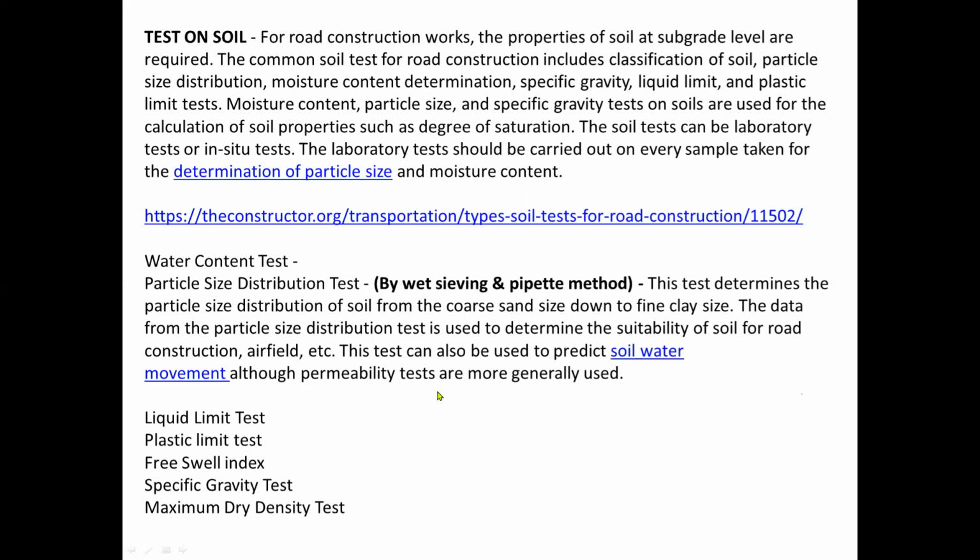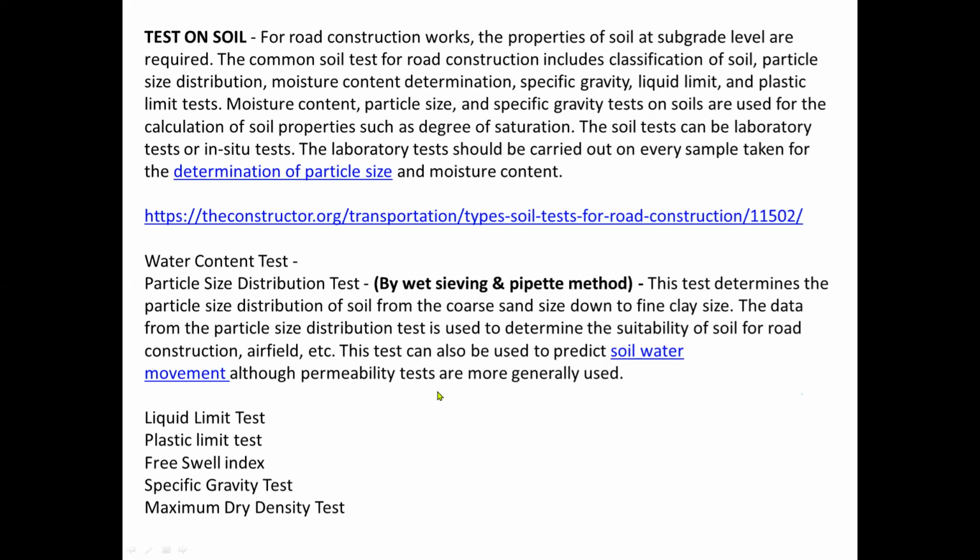The laboratory test should be carried out on every sample taken for the determination of particle size and the moisture content. The water content test, particle size distribution test. This test determines the particle size distribution of soil from the coarse sand size down to fine clay size.